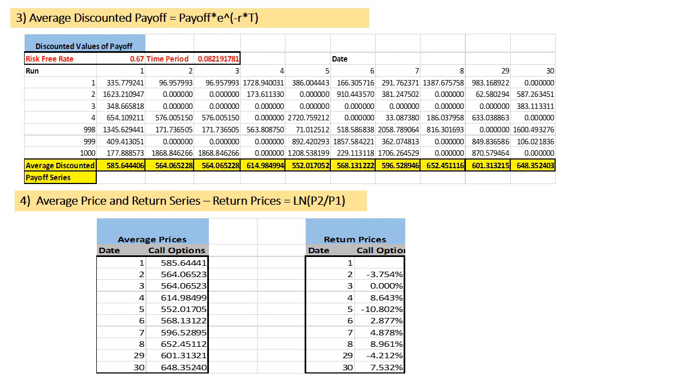With this, we determine the average price time series by taking a simple average of the prices at each future date. Now that we have the average price series, we will determine the return series by taking the natural logarithm of successive prices. Here, the formula runs as ln(price 2 / price 1). Figure 4 illustrates the return series for the call option.